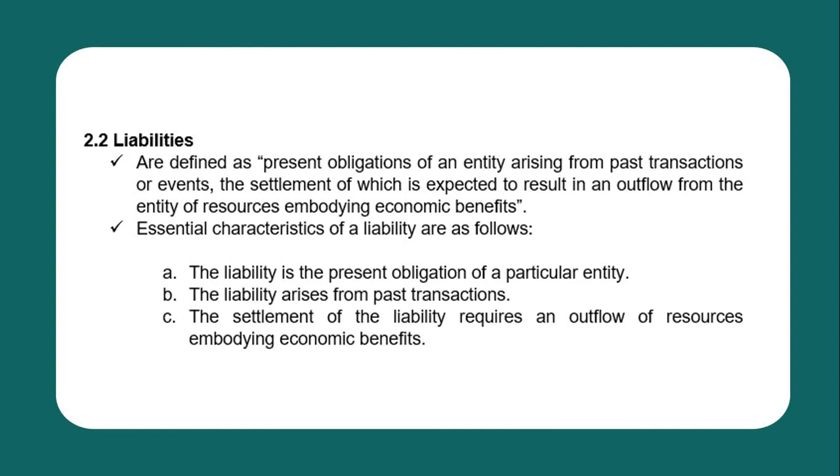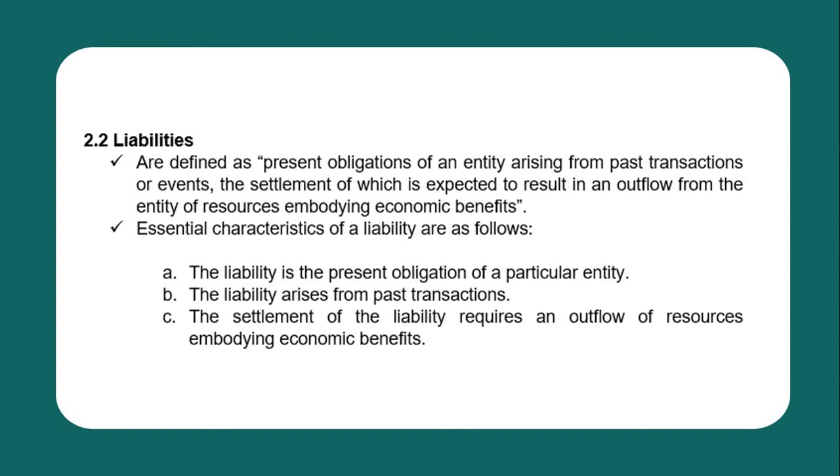The liability arises from past transaction or past event, and the settlement of the liability requires an outflow of resources embodying economic benefits. So, for you to be able to extinguish the liability, there's a need for an outflow or payment, to settle payment or usage of your resources, meaning naakaibayad na asset, di ba?